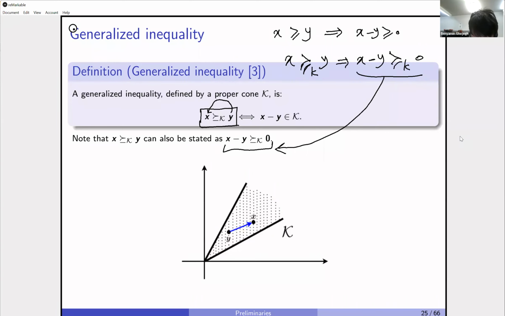It means that if you have x in the cone here, and also y in the cone, the vector connecting y to x should be inside the cone. If the vector connecting y to x is inside the cone, then this inequality is satisfied. Then you bring y to the other side, and you will have this. It means that with respect to the cone K, x is greater than y. Do you see that? Here, x is greater than y.